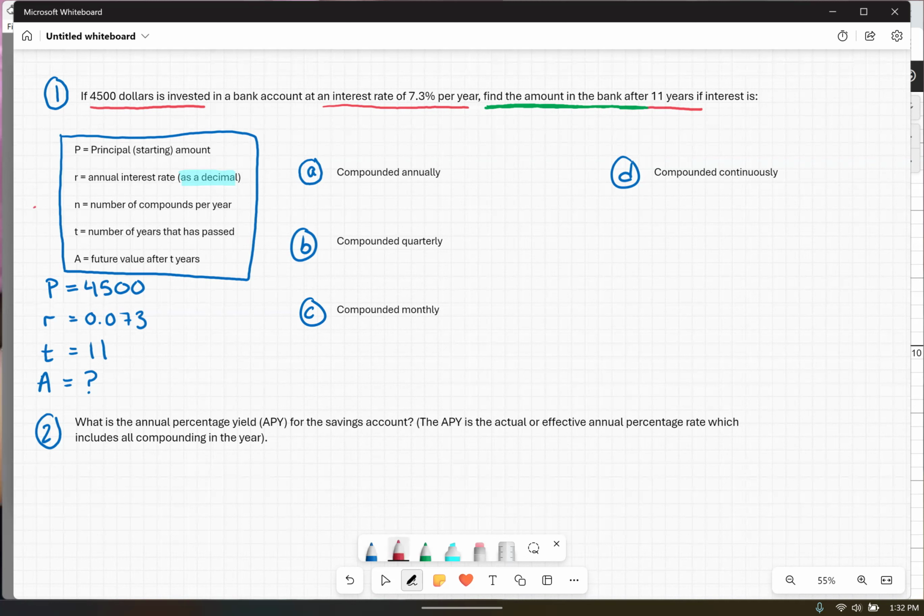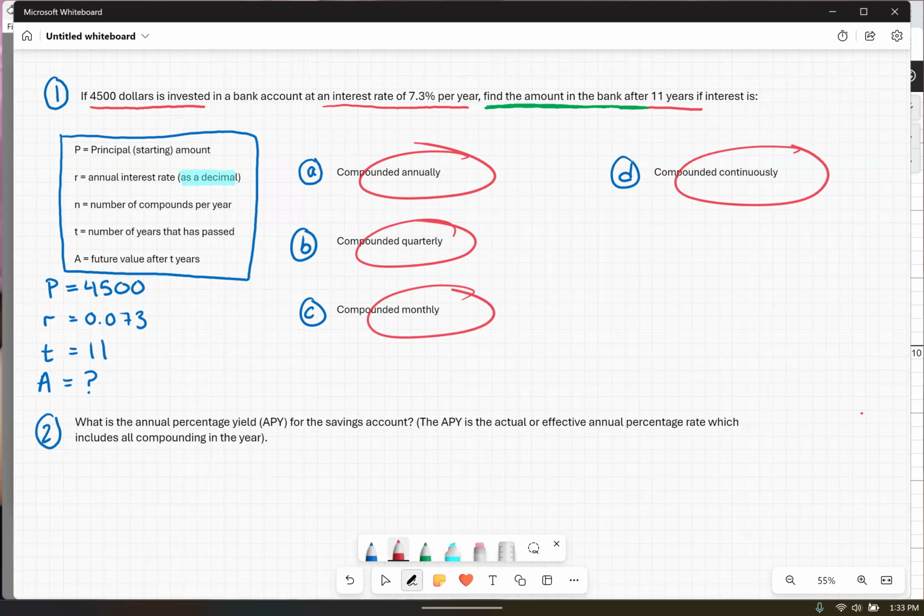But then we've got this N. This is the number of compounds per year. Now, compounding is how often your interest is calculated and added on to your current balance. So we've got annually, quarterly, monthly, and continuously.